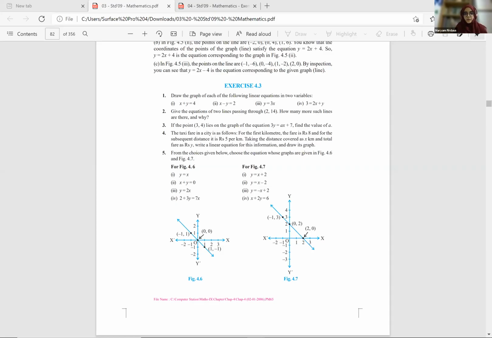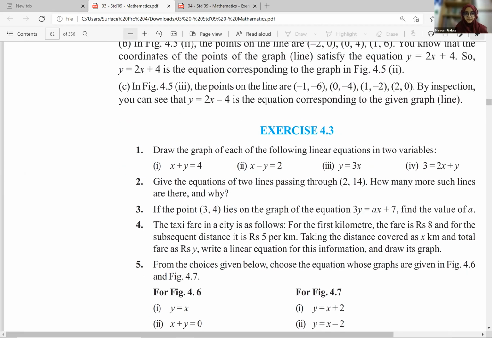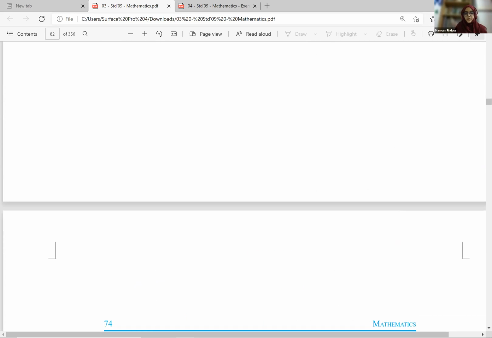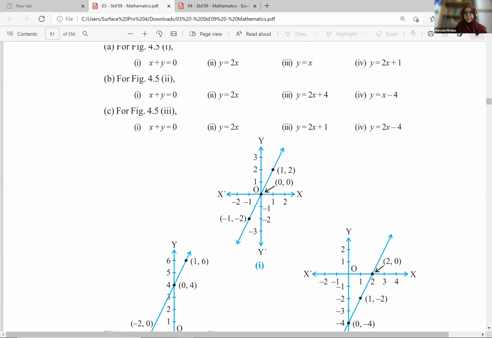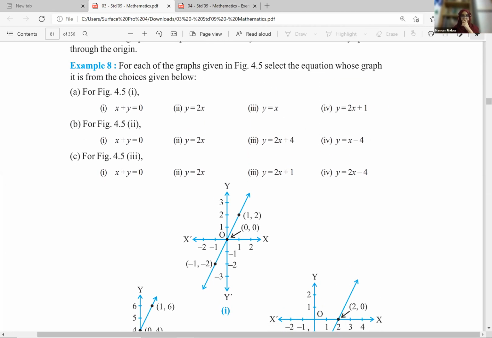Yeah, we were doing this thing. So we did the first part and we found out that it was y is equal to 2x.